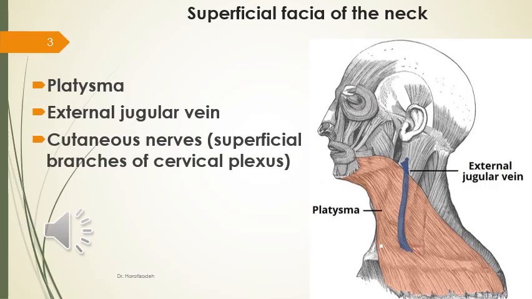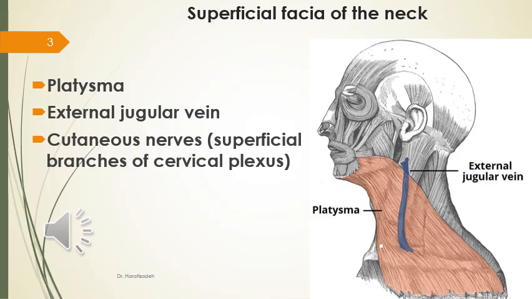The structures that lie within the superficial cervical fascia are the platysma muscle, a vein called the external jugular vein, and the superficial or cutaneous branches of the cervical plexus.